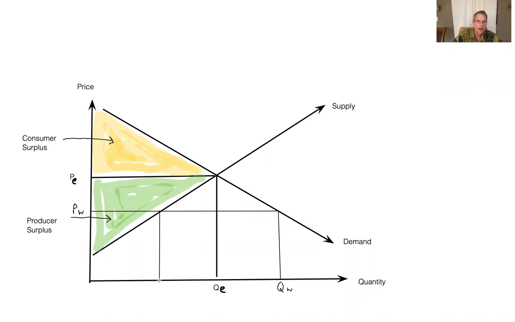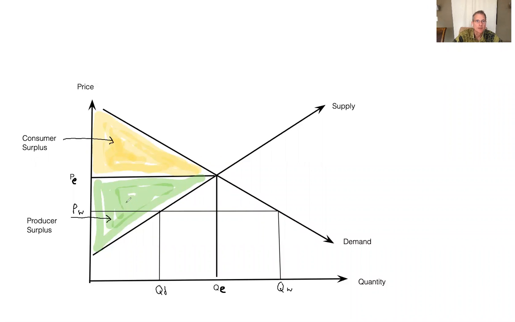So when we were at the old equilibrium, the Q sub E here, this was all produced by the domestic producers, but now they're only going to produce this much. So we'll call it Q sub D, for domestic, Q sub T. The domestic producers are going to have gone from producing this much to this much. And the price that they're going to be able to charge will drop from here down to here.